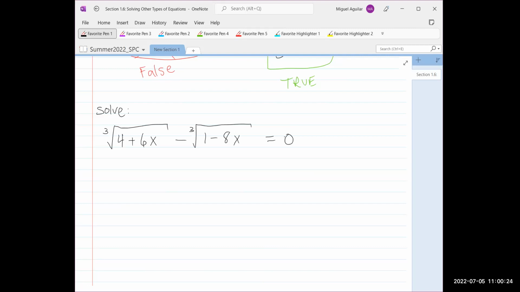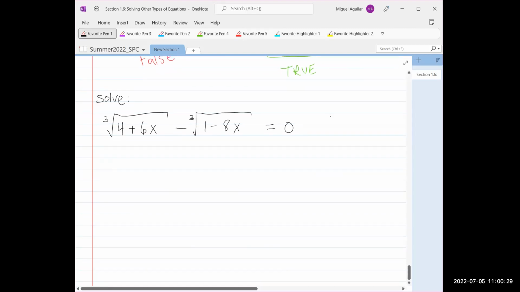You guys ready to go? The first step I said in the last problem was that we want to isolate your radicals. But currently, we have 2 radical expressions here. The cube root of some jazz minus the cube root of some other jazz.